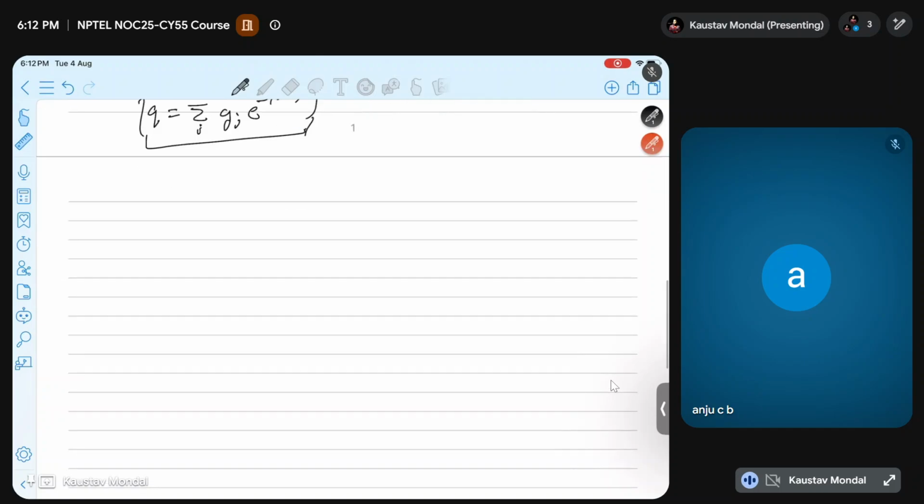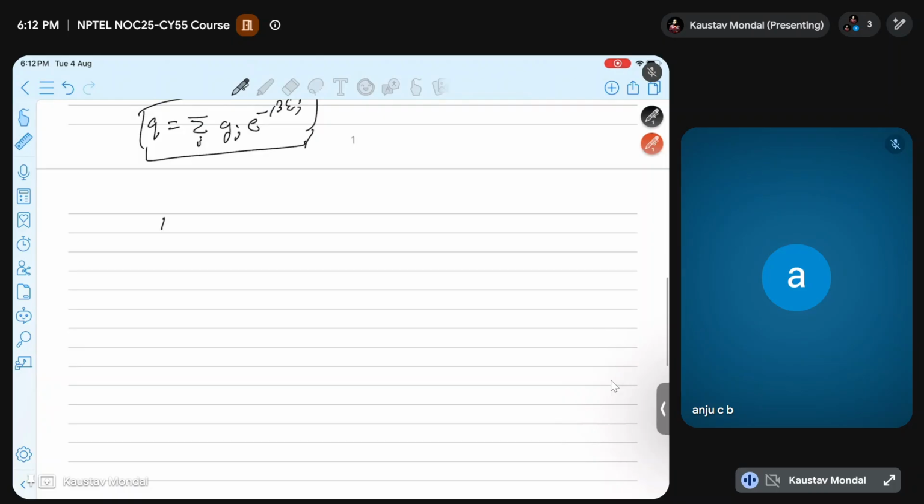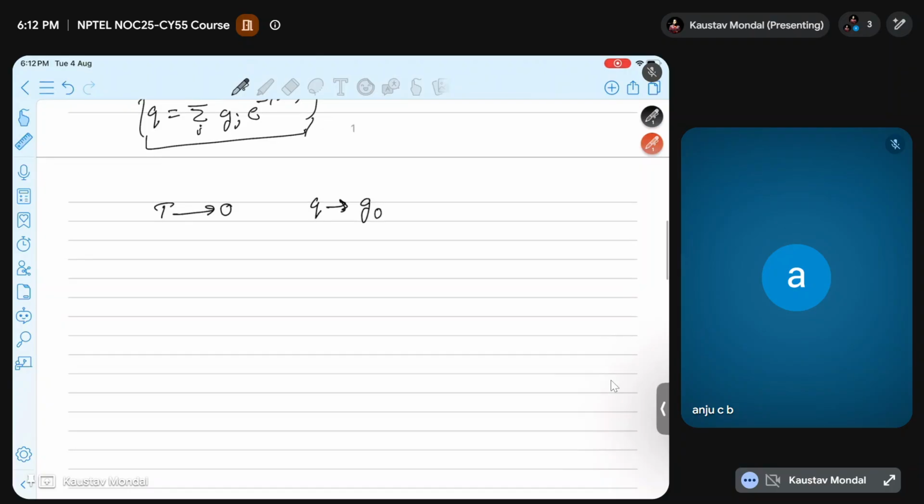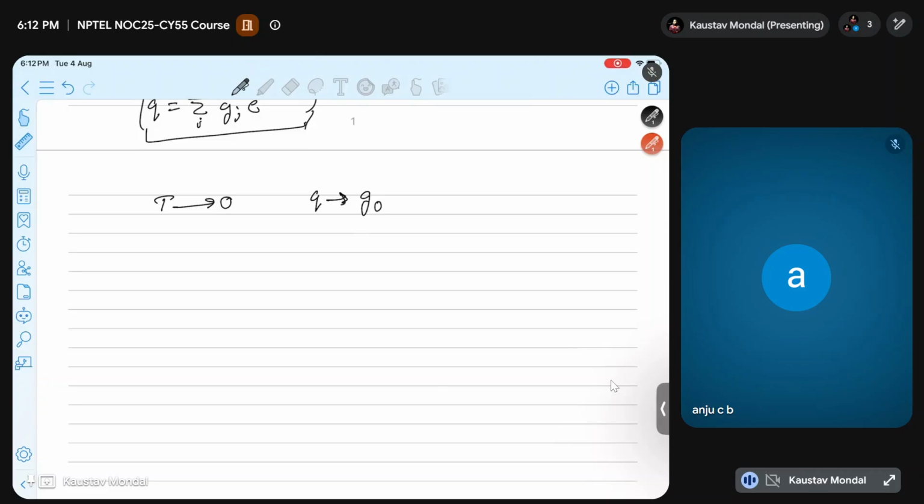We discussed that when the temperature tends to 0, the partition function tends to g0. We also saw that the number of particles in the ground state would be equal to n, so n0 by n will be equal to 1.